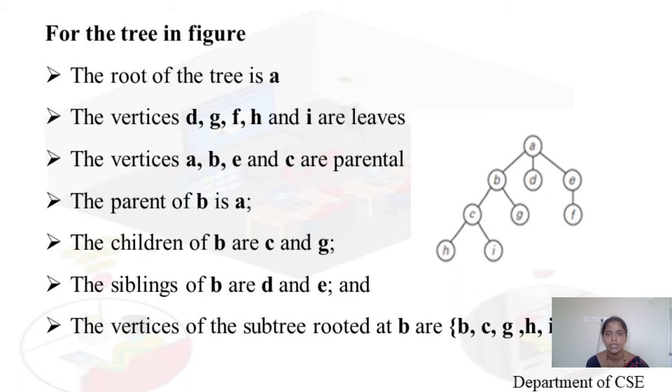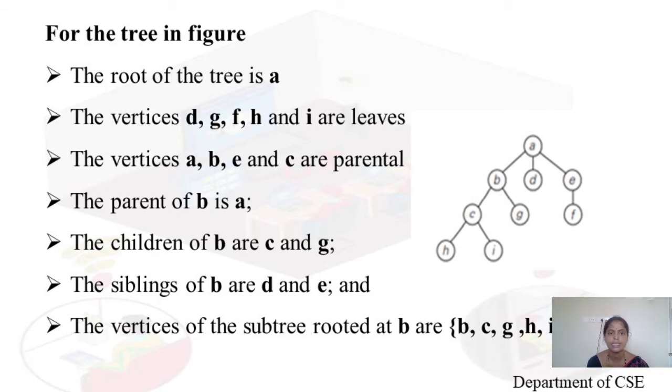The root of this tree is vertex A. Then the vertices D, G, F, H and I are leaves, because they don't have further children.